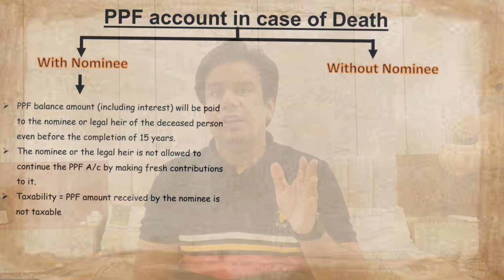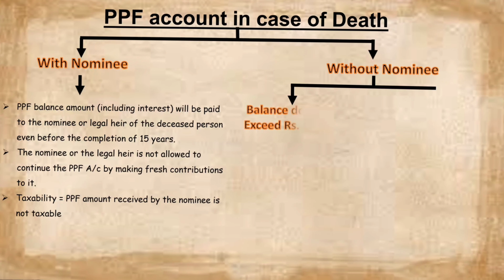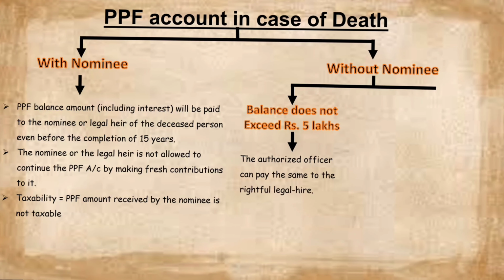Now coming to the other situation, when the PPF account holder dies without appointing any nominee. In this scenario, if your accumulated balance is below or equal to 5 lakh rupees, then the authorized PPF officer can give this amount to the actual legal heir who is eligible to receive that amount.